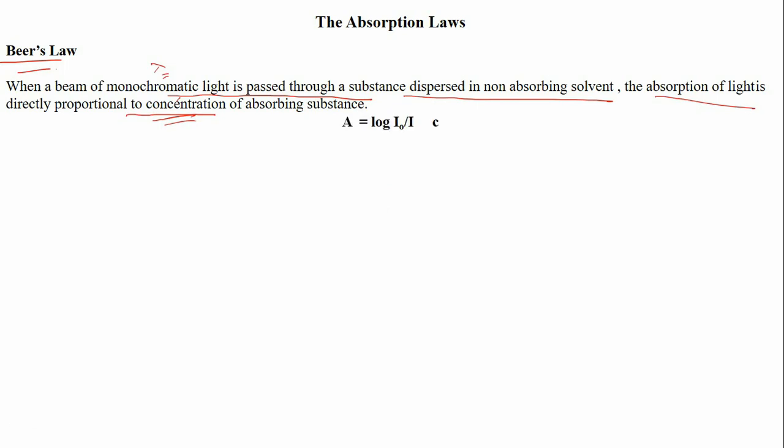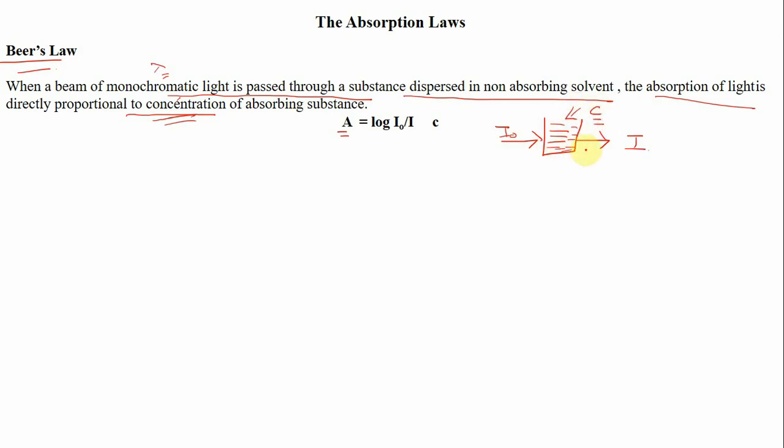Suppose A is your absorbance, and this is your cell, and you have a compound dissolved in some solvent. I naught is the incident light and I is the outgoing light. The absorbance is directly proportional to the concentration of the absorbing substance.